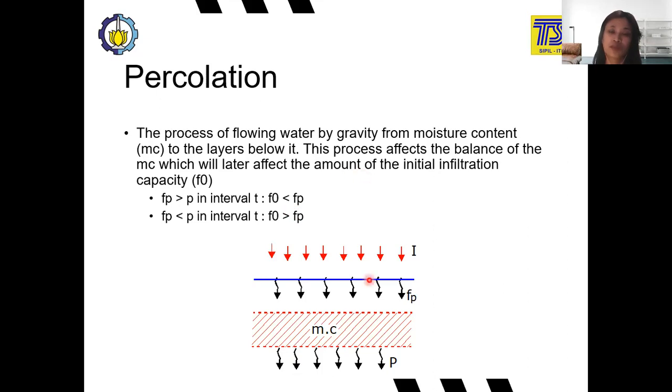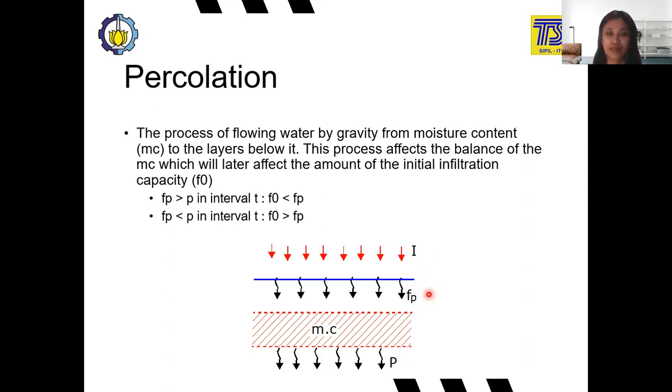So this process affects the balance of the MC, which will later affect the amount of the initial infiltration capacity. So here, if we have the infiltration capacity bigger than the percolation in time interval of T, it means that the initial infiltration capacity is less than the infiltration capacity.